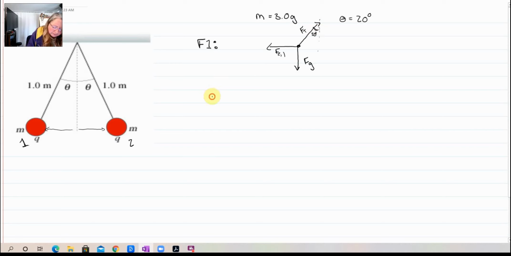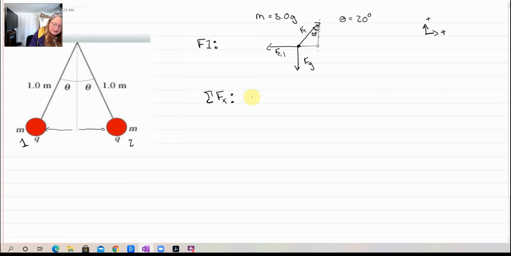Just like we were doing in the last example video, and in 161, we sum forces in the x and the y. I'm going to say up and to the right is positive. So my sum of forces in the x: I have my x vector coming like this, and my y vector coming like this for the tension component.